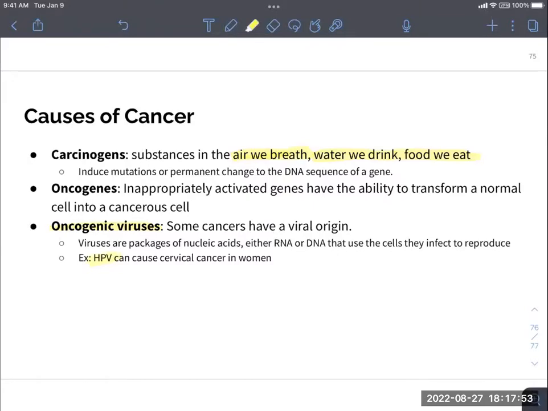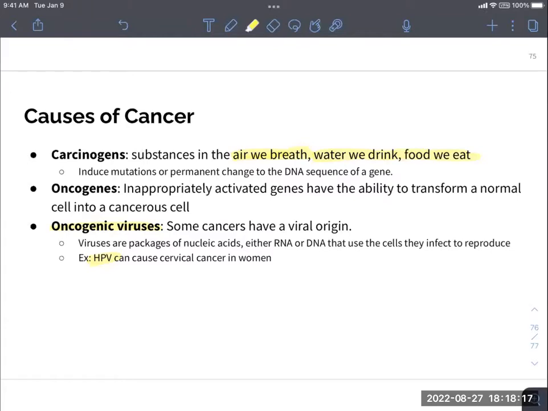And viruses are actually RNA or DNA. They get into cells, they infect cells, and they use all of our cells' organelles to replicate themselves. Then they release out and they go to the next cell, use those cells' organelles, use everything they need.